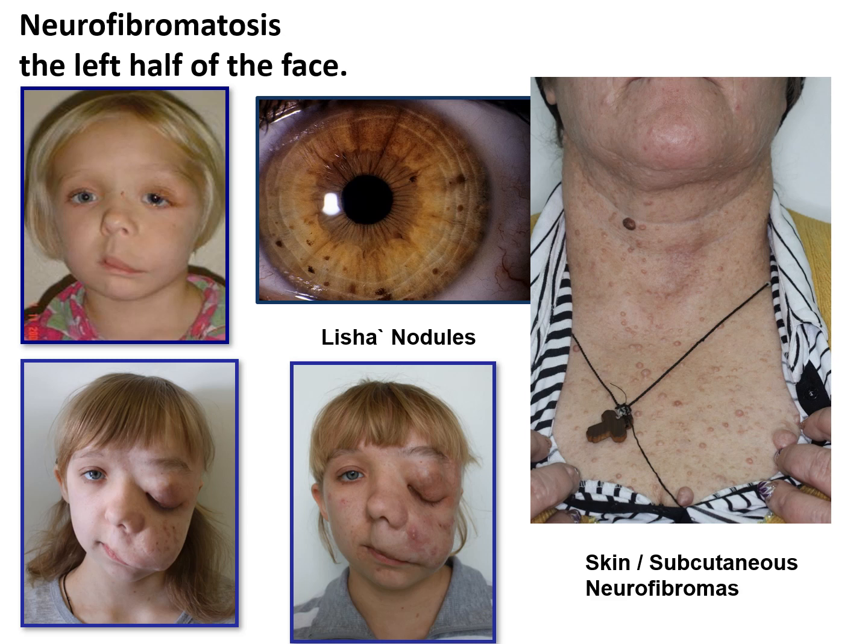We can see the lesion nodules and skin and subcutaneous neurofibromas at different stages. On the right part of the slide, we can see the mother of this girl, who doesn't have neurofibromatosis but has a lot of fibromas on the skin.